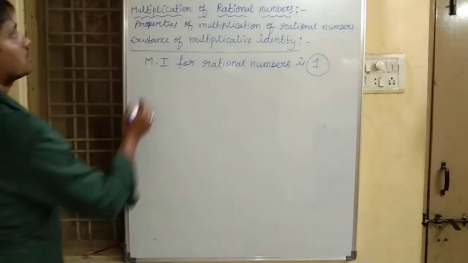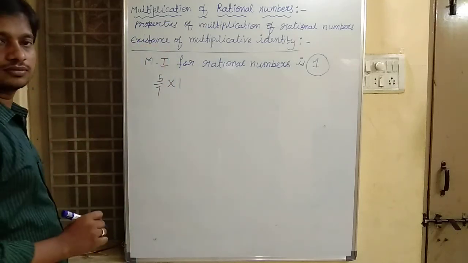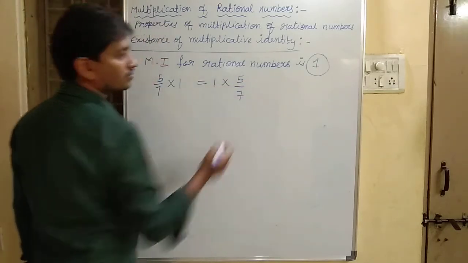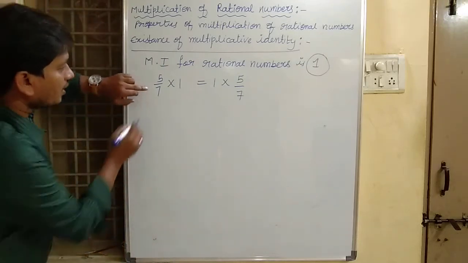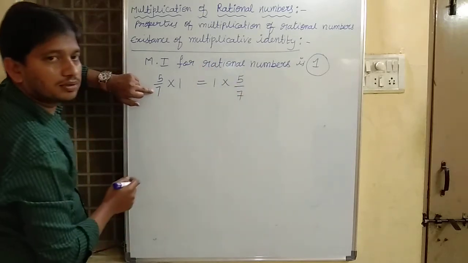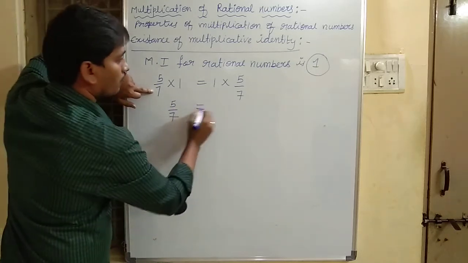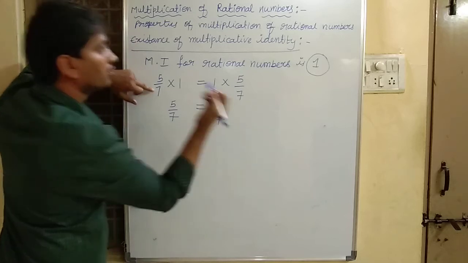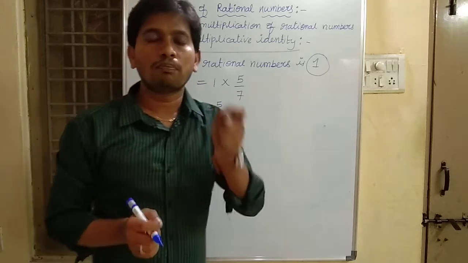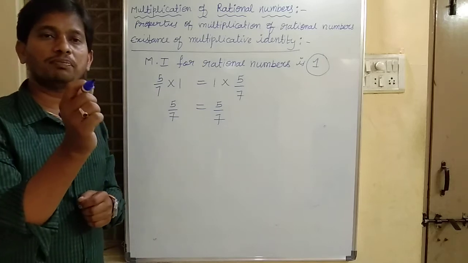Suppose let me multiply 5 by 7 into 1, or 1 into 5 by 7. 5 by 7 into 1 is 5 by 7, and 1 into 5 by 7 is also 5 by 7. Then we say that 1 is called multiplicative identity for rational numbers, which is very important.